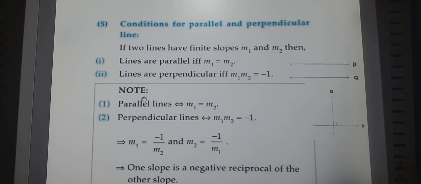So in your notes, write down parallel lines when m1 equals m2, perpendicular lines when m1 into m2 equals -1. So when lines are perpendicular, we can write this as m1 equals -1 upon m2 and m2 equals -1 upon m1. One slope is the negative reciprocal of the other slope.